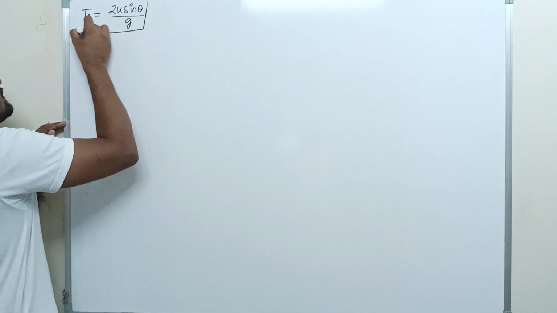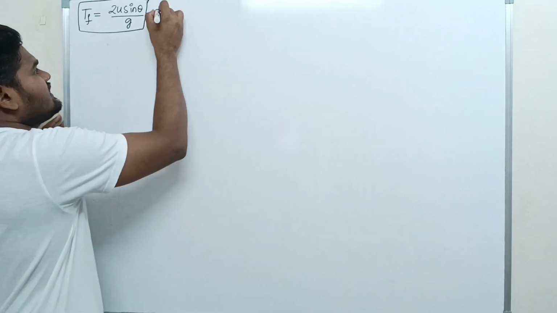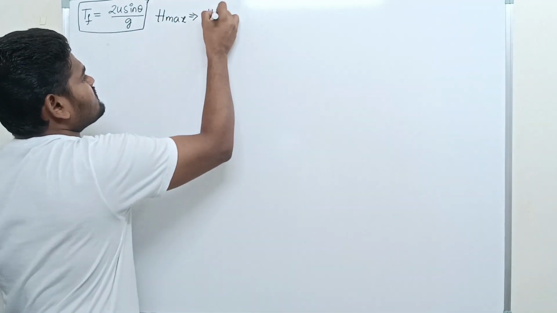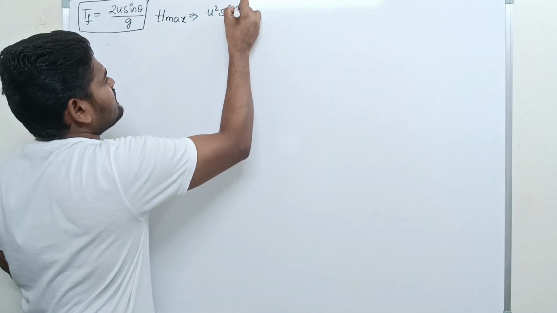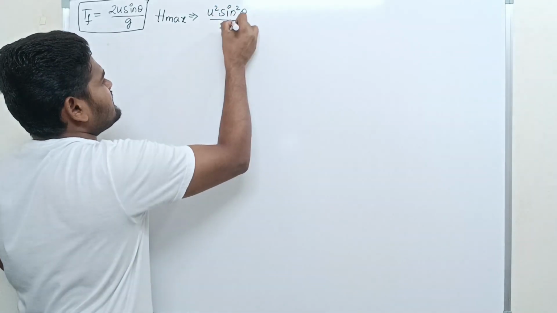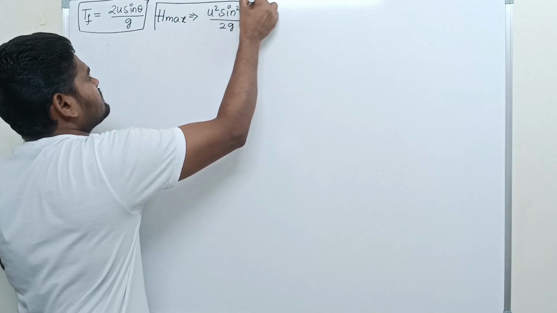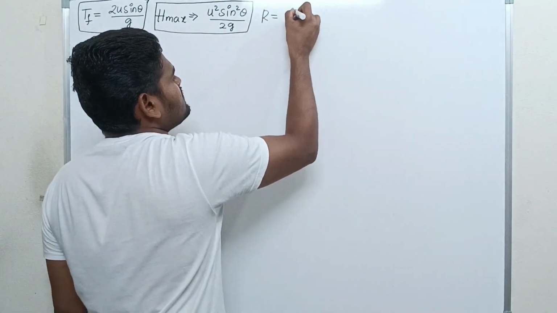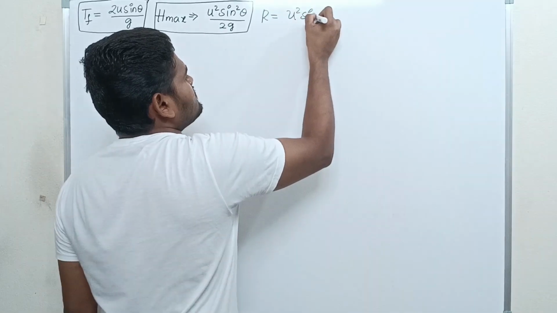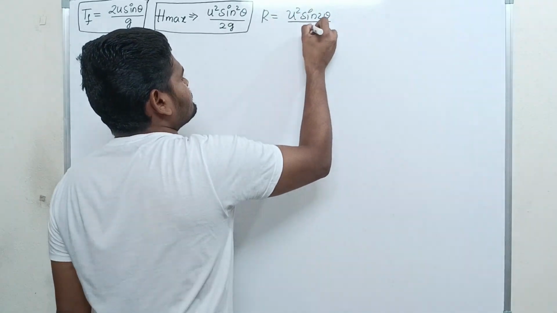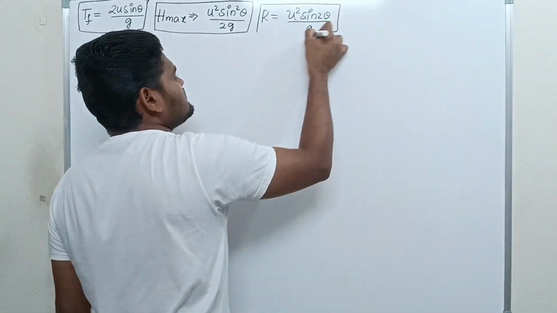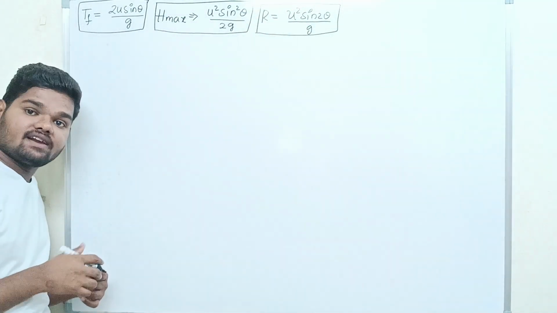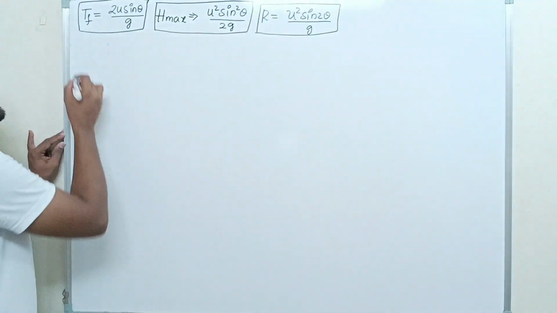Next, H maximum is equal to u square sin square theta by 2g. Next, range: R is equal to u square sin 2 theta by g. So these are the formulas we got: H maximum, range and time of flight.